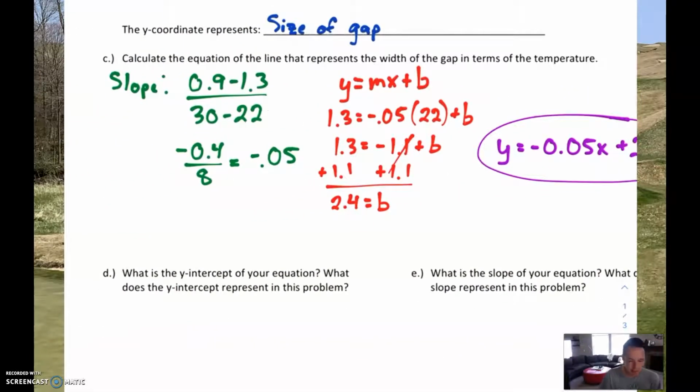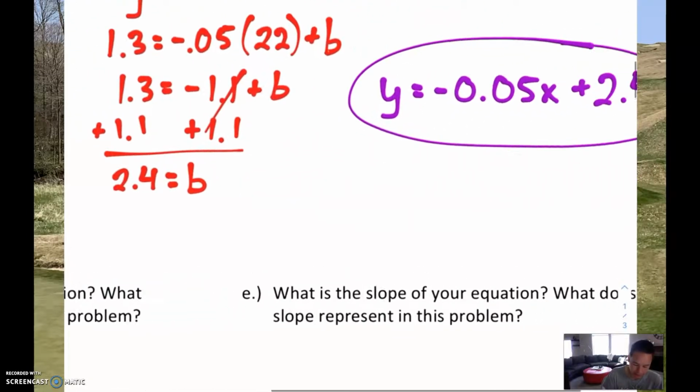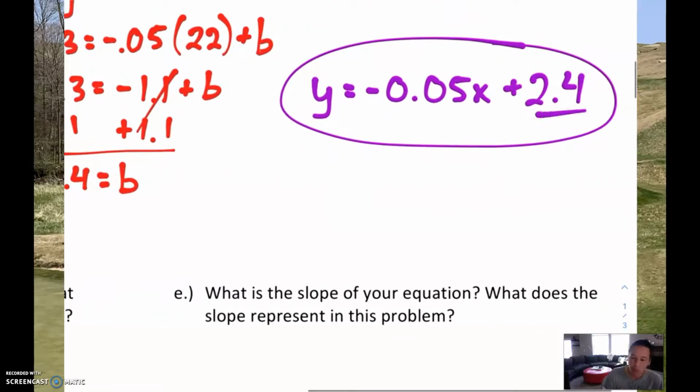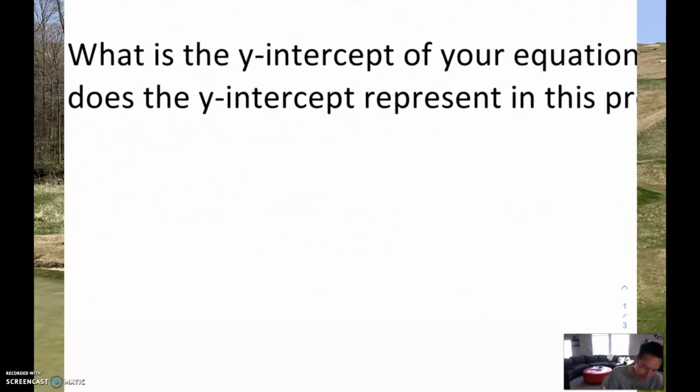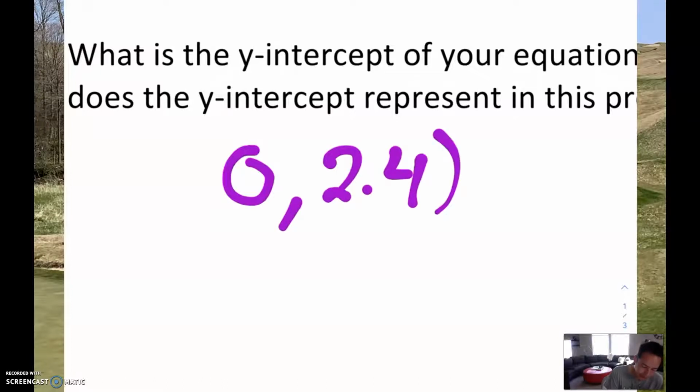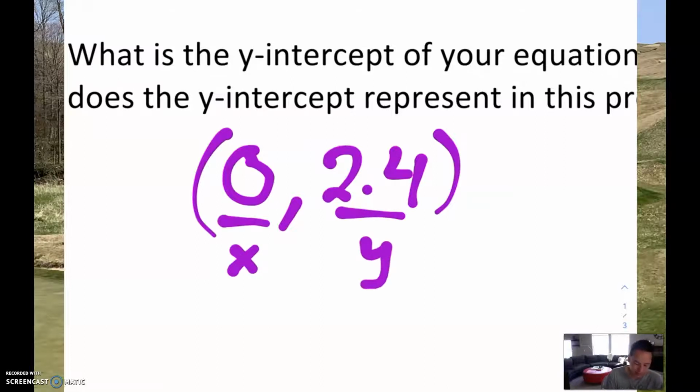So for part D, it says, what is the y-intercept of your equation? And the y-intercept is 2.4 right there. So I'm going to write it as a coordinate. The y-intercept is (0, 2.4). And remember, this is the x coordinate, and this one is the y coordinate. The x coordinate, we defined earlier, is the temperature.